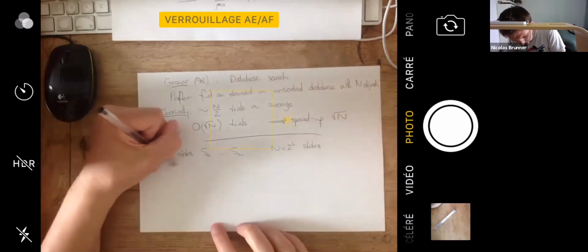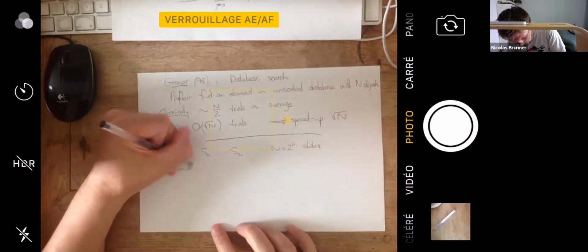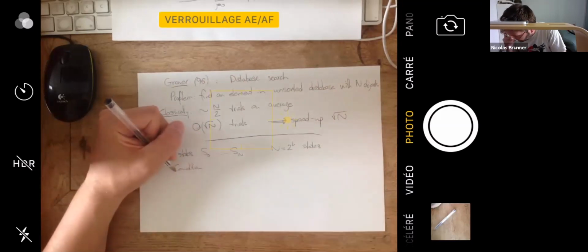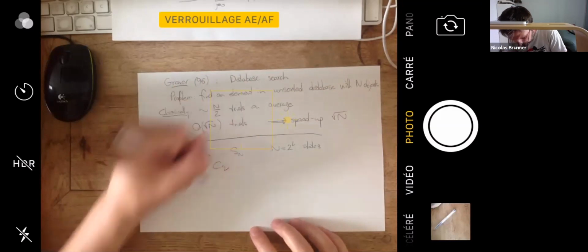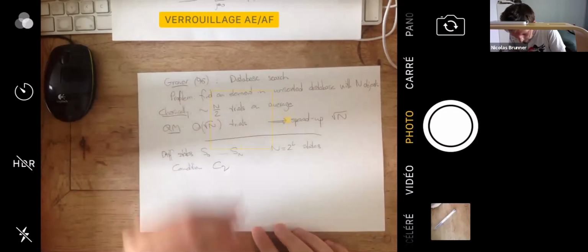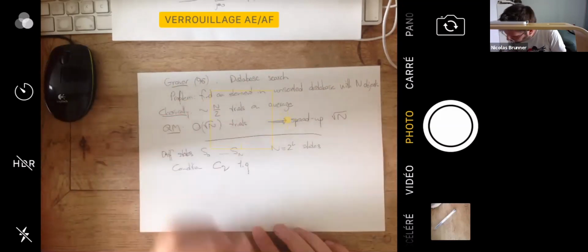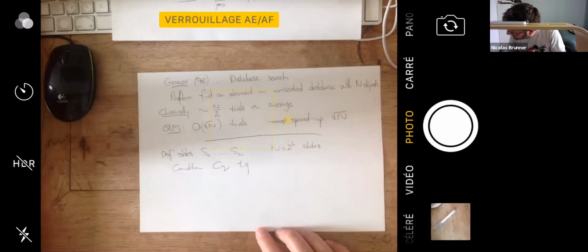And now we have a condition, which we call C nu, a sort of mathematical way for identifying one of these states.